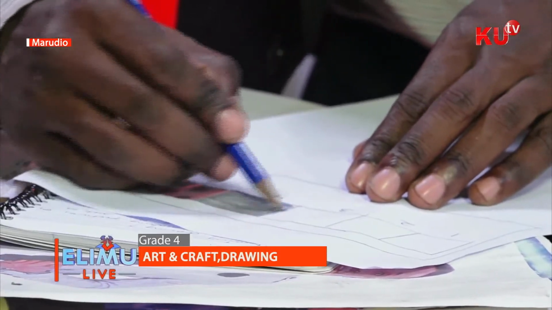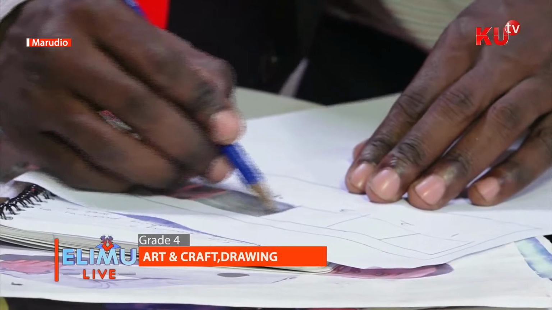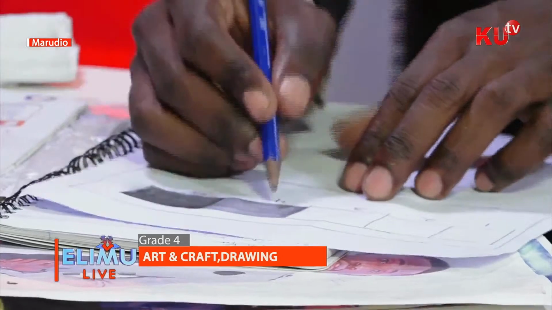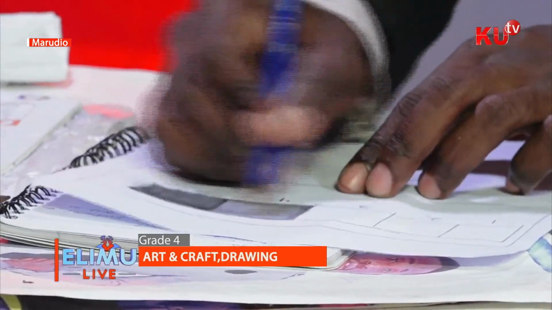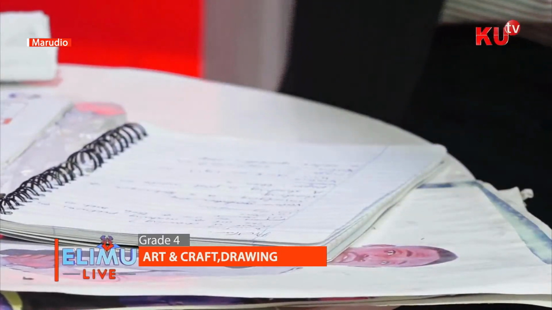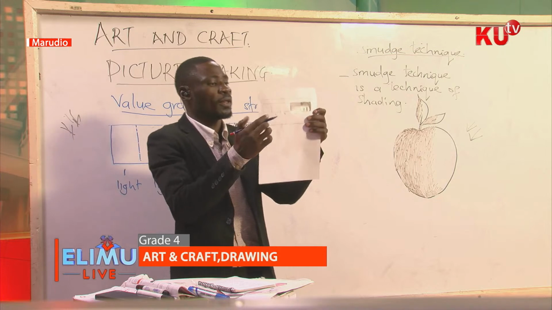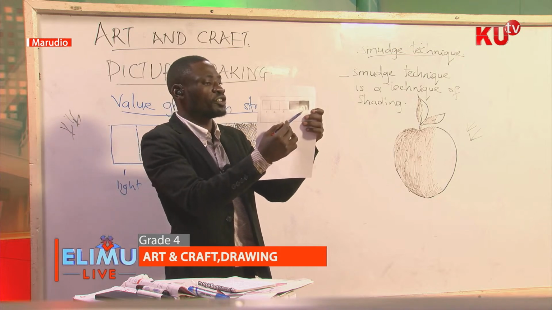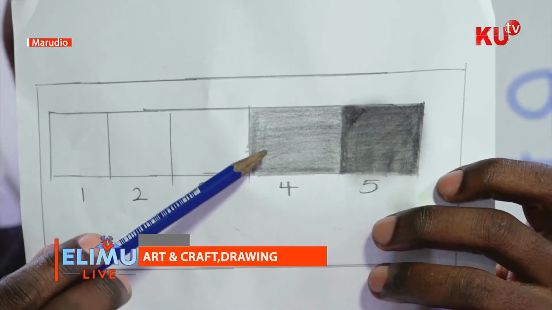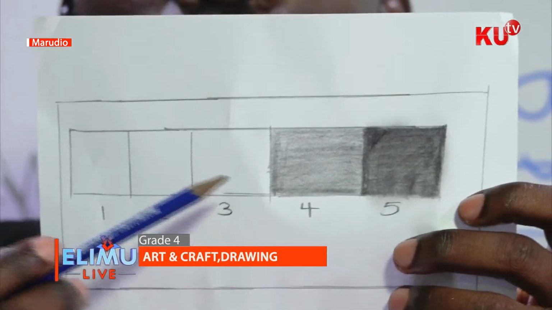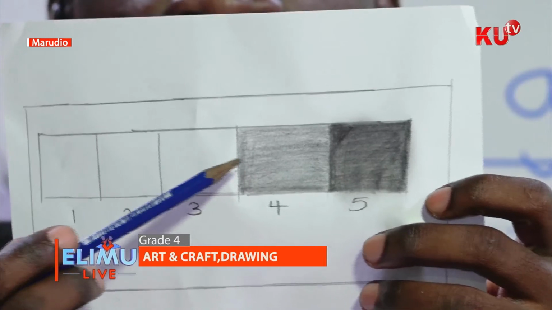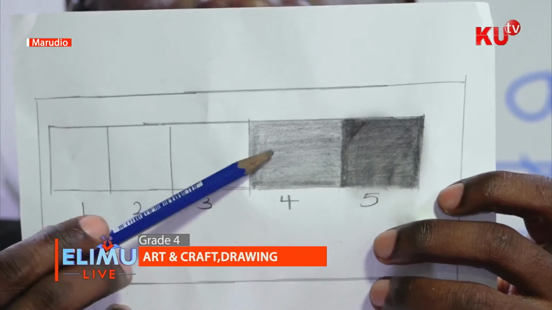I hope we are shading together. Yes, we are shading together. As you can see, the fifth box is darker compared to the fourth box, but the fourth box should be darker than the way it is right now.